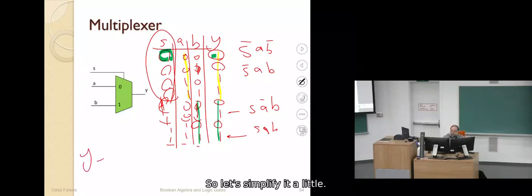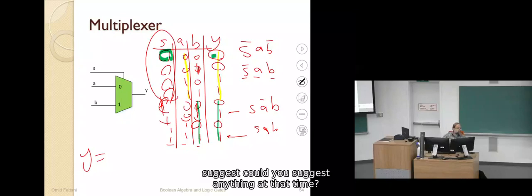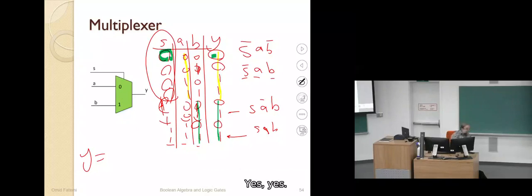Okay, so let's simplify it a little. If you look at these 2, S naught A B naught plus S naught A B, what could you suggest? Could you suggest anything at that time? Yes, you.